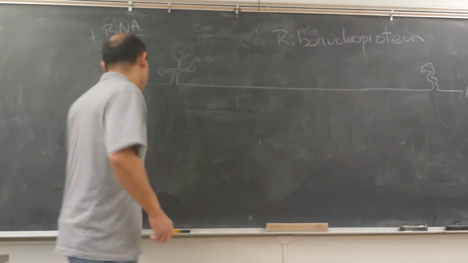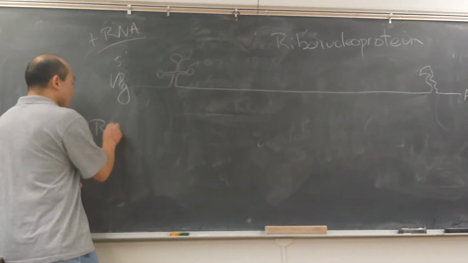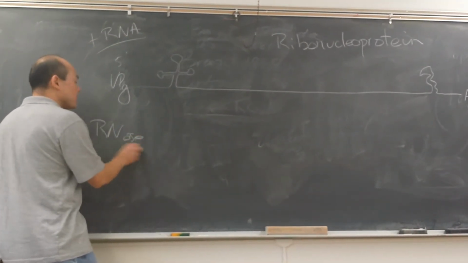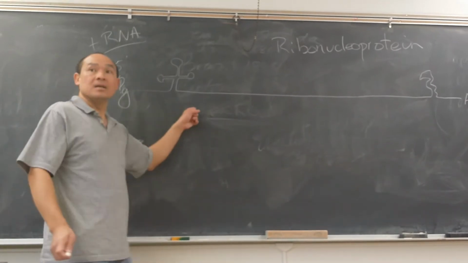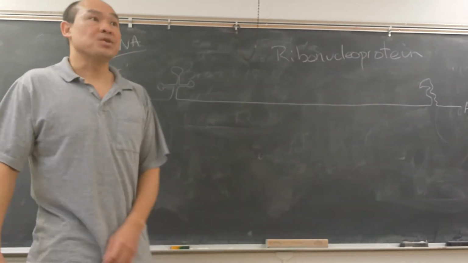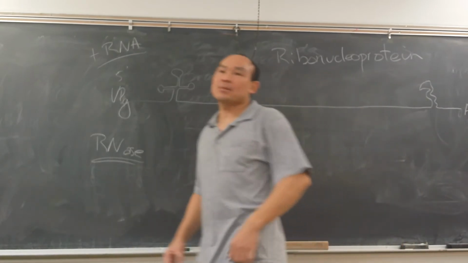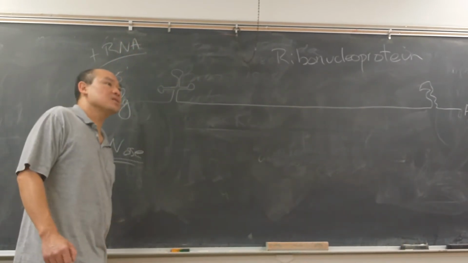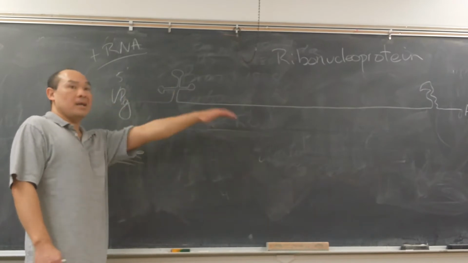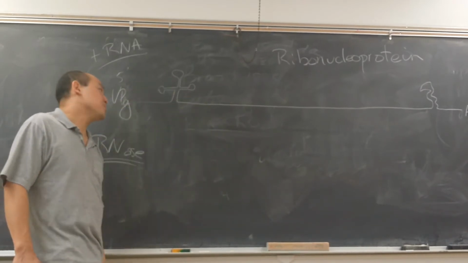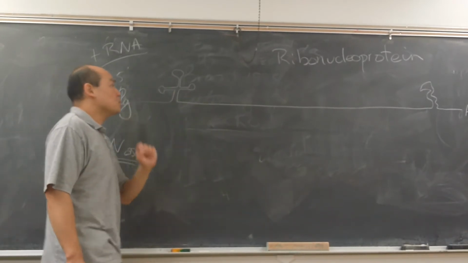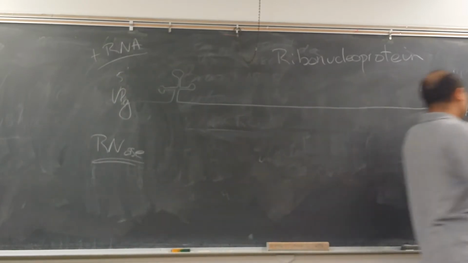One thing to remember is that there are RNases that would be very happy to degrade any mRNA. So therefore, the two ends are protected, and we'll talk about the protection. Okay. So therefore, you don't want anything to happen to this. Number one.